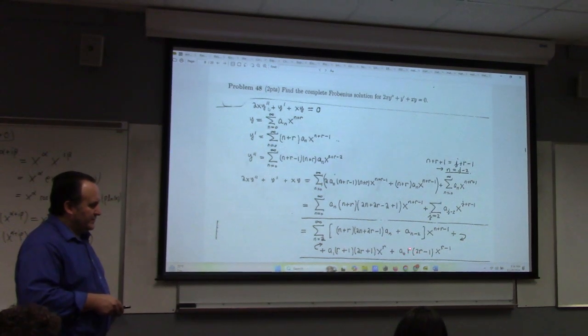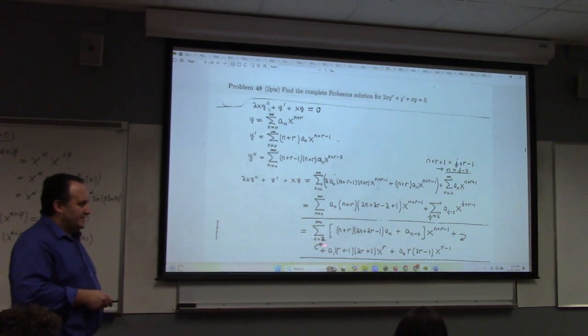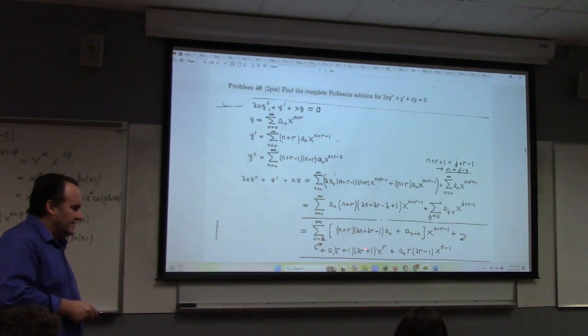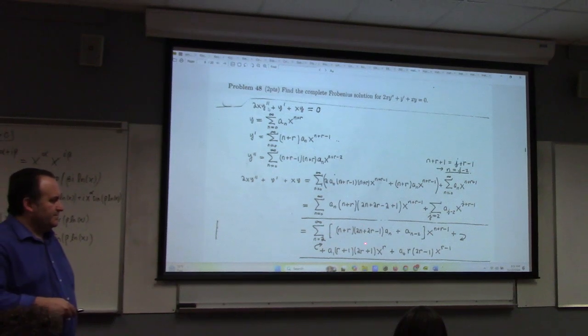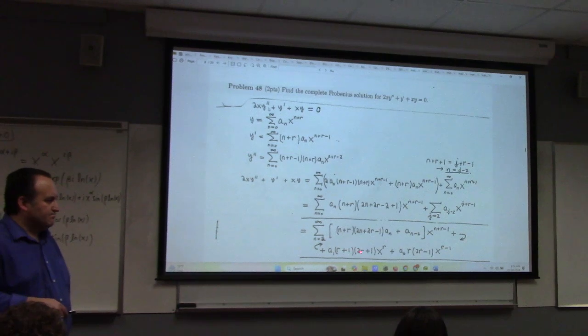And what should always happen with the Frobenius problem is that the lowest order term you get will just involve the index. So this is the indicial equation, maybe that one. I'm trying to remember.